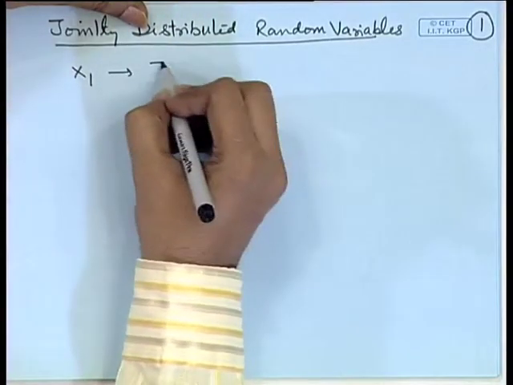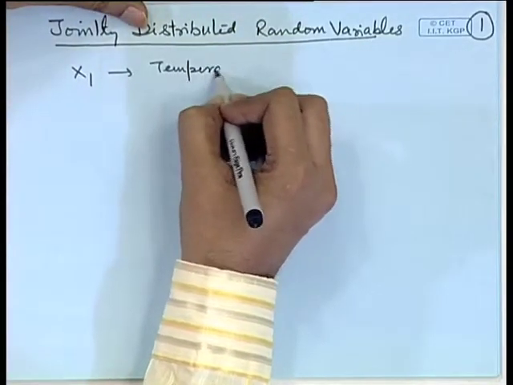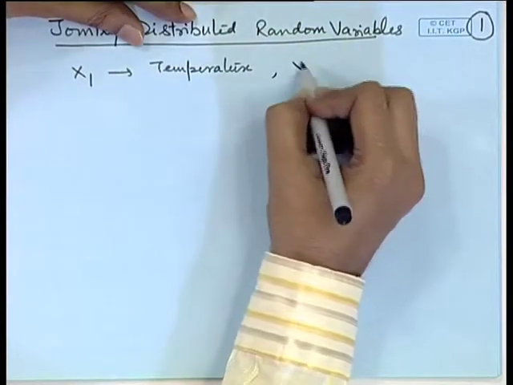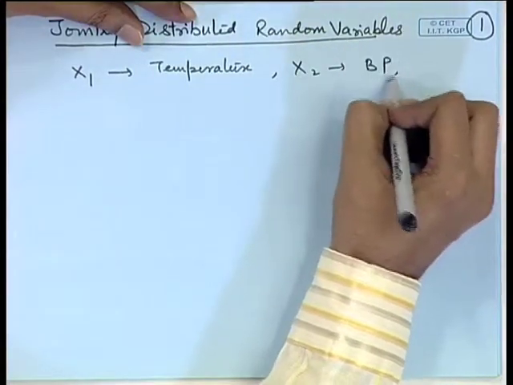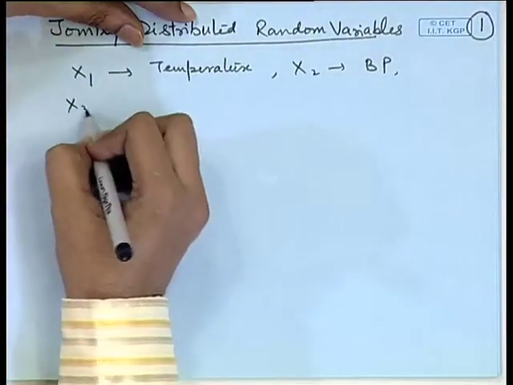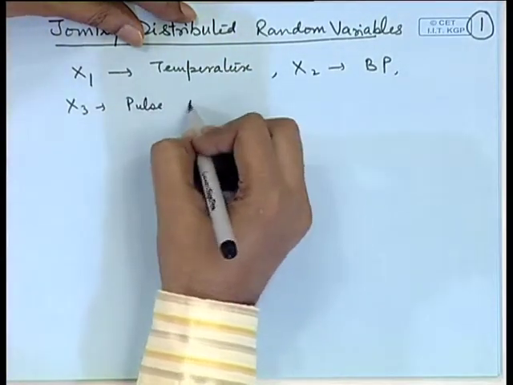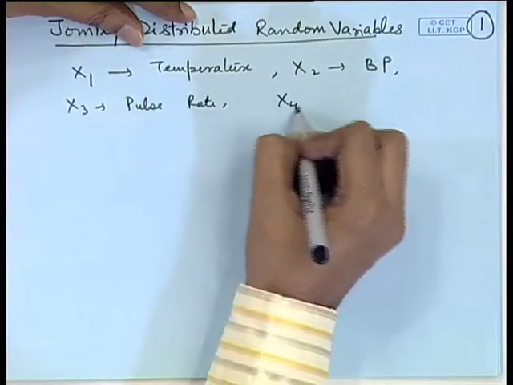Many times we do not have the luxury of considering only one characteristic, but several characteristics, such as when a patient goes to a doctor for a medical checkup. The doctor takes his, say, temperature, he may take his blood pressure, his pulse rate, and he may record his, say, weight.